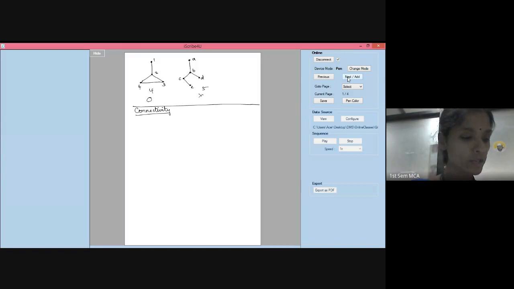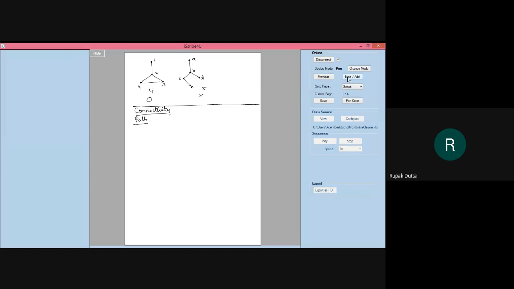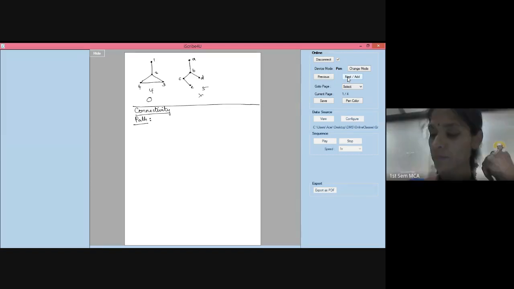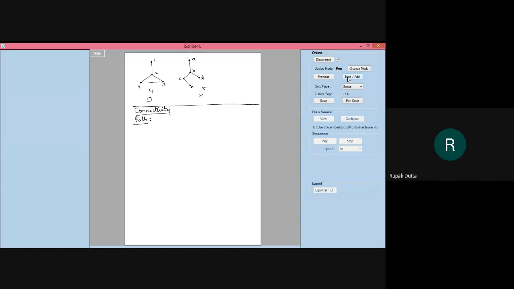So here again, we'll be learning certain definitions as to what is a path. What is a path, anyone? A route, traversal, distance, which travel. Let's see.